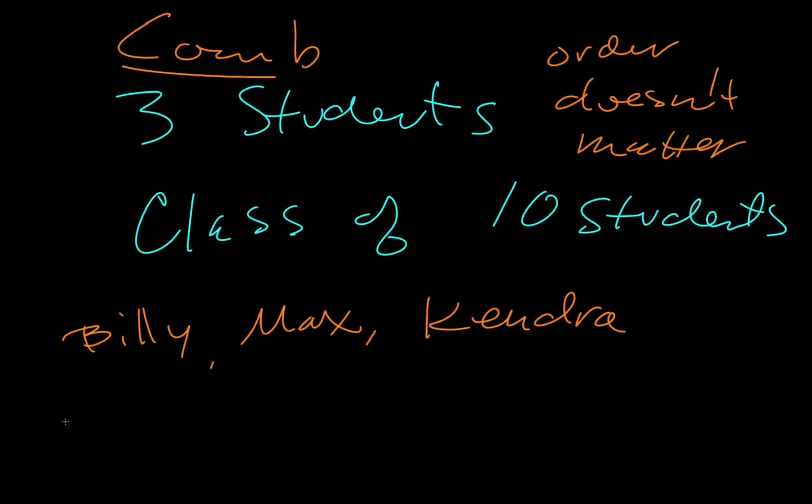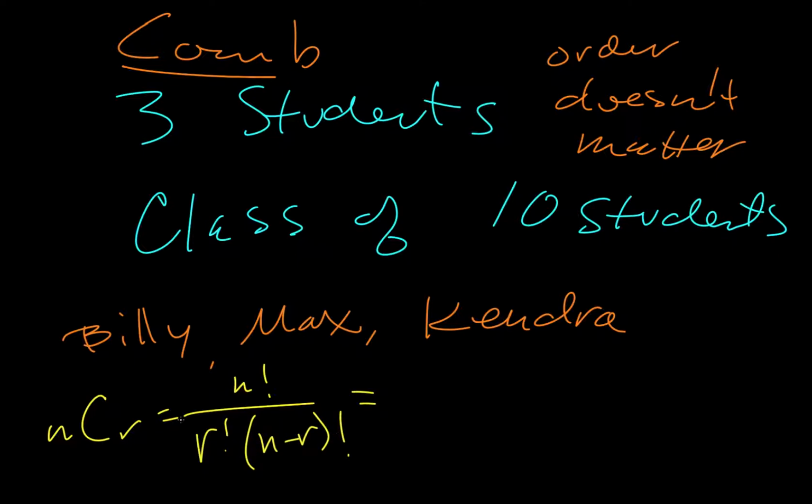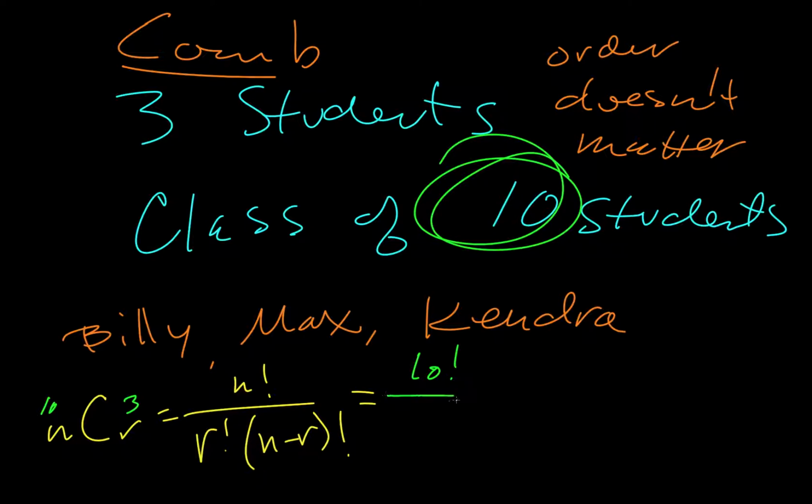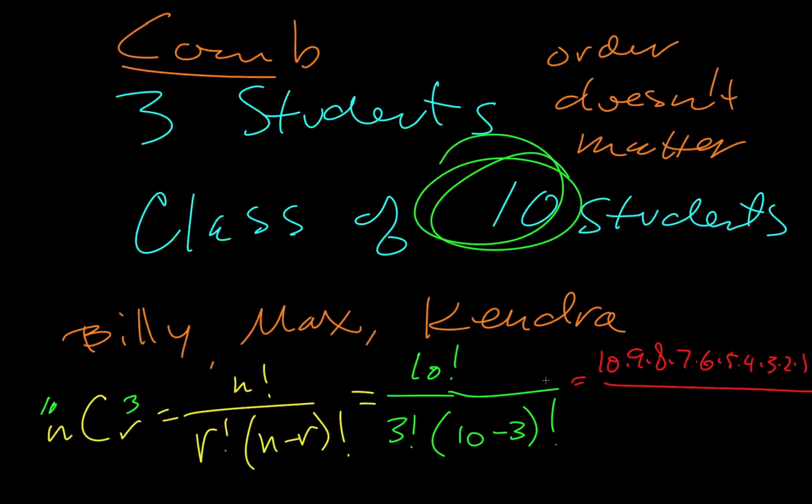Since it's a combination, we say nCr, n factorial over r factorial times n minus r factorial. Plug in those. Our n is going to be 10, and our r is going to be 3. So we get 10 factorial over 3 factorial times 10 minus 3 factorial. And I'm going to write these out. So 10, 9, 8, 7, 6, 5, 4, 3, 2, 1. And then we have 3, 2, 1 from that.